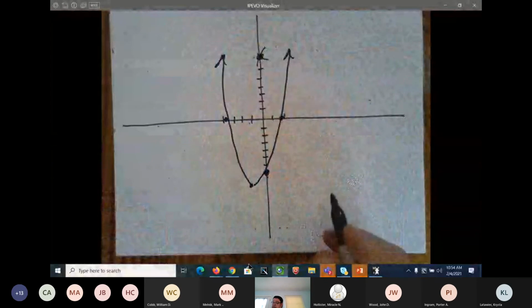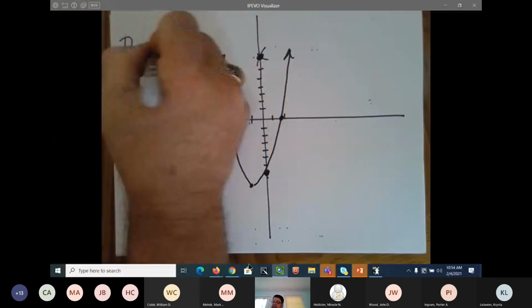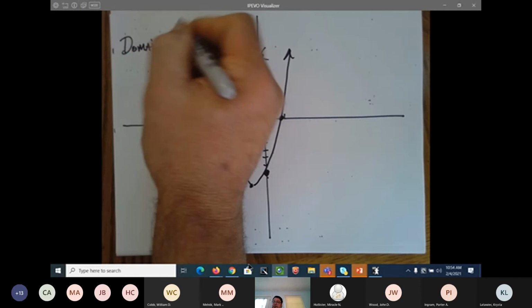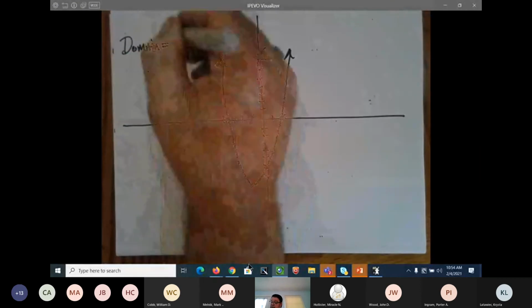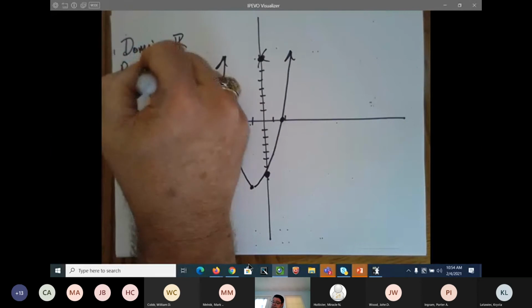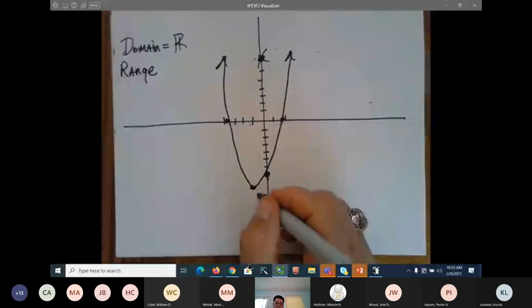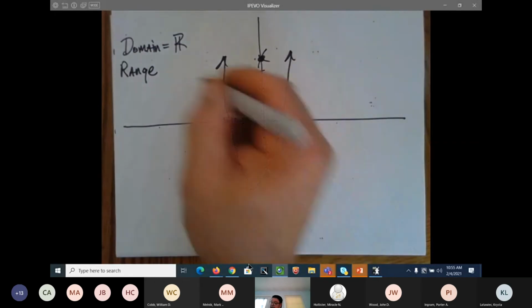Now from here, you know that the domain, and this is review for a lot of you, domain is all real numbers. Range is from negative 8 to infinity.